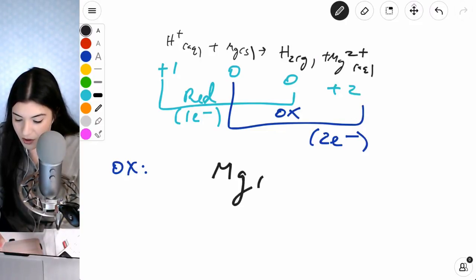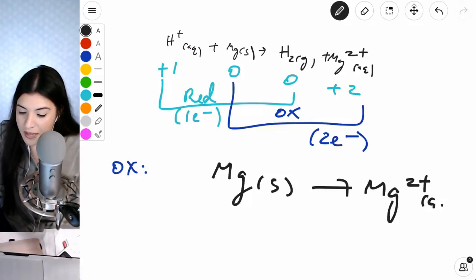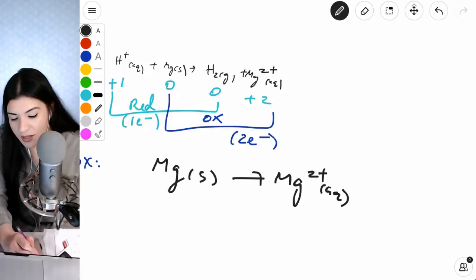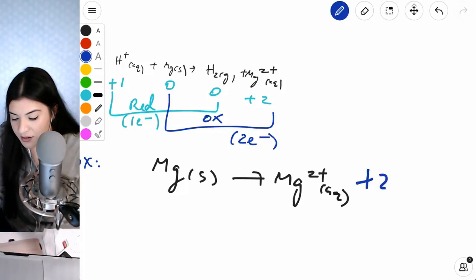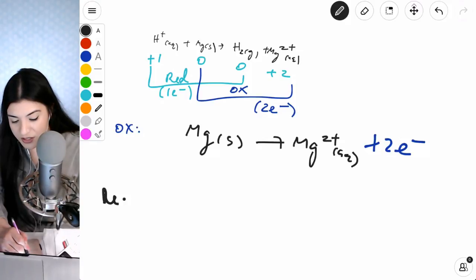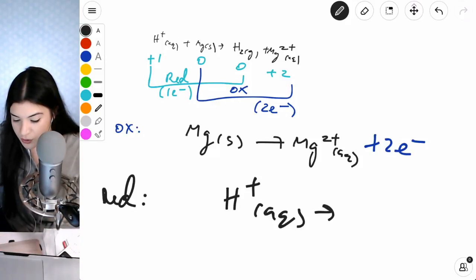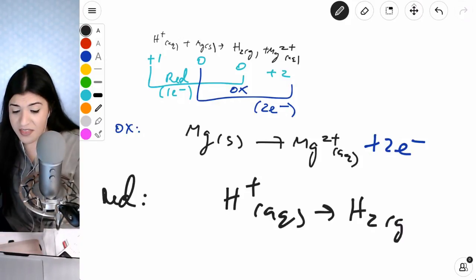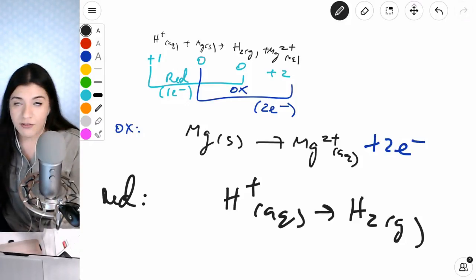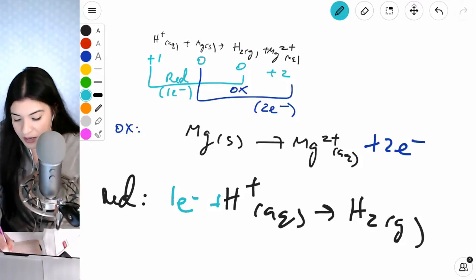Mg solid goes to an ion, and then we add 2 electrons on the product side for oxidation. You always do that. For reduction, we had H+ aqueous going to H2 gas, and then we add 1 electron on the reactant side, since that's always the case for reduction.